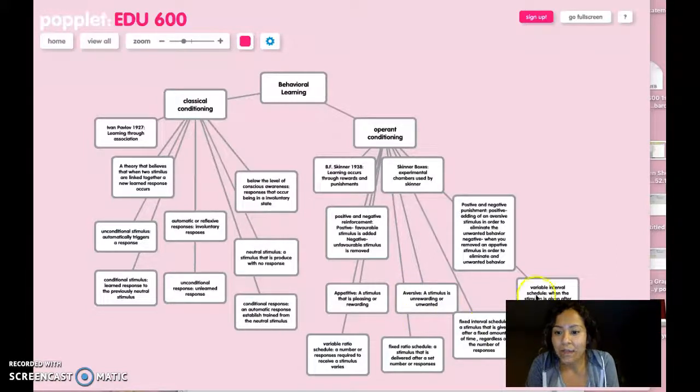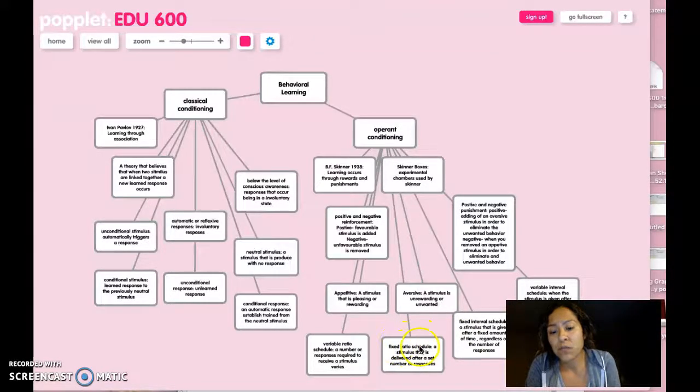And then you have here the variable interval schedule, which is when a stimulus is given after a variable amount of time. Fixed interval schedule is when the stimulus is given after a fixed amount of time, regardless of the number of responses.